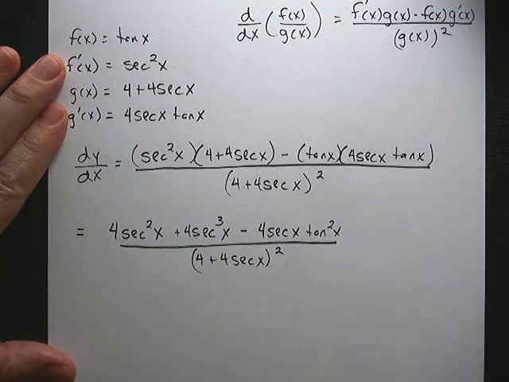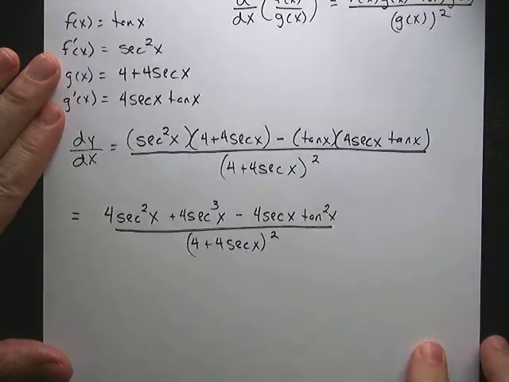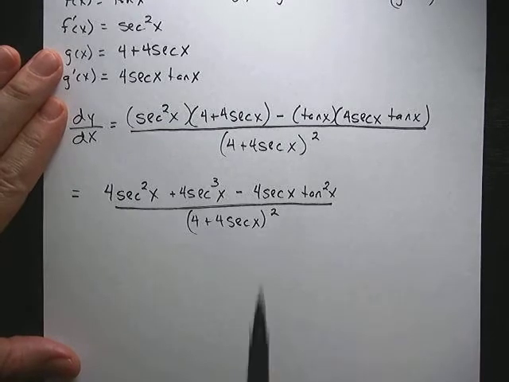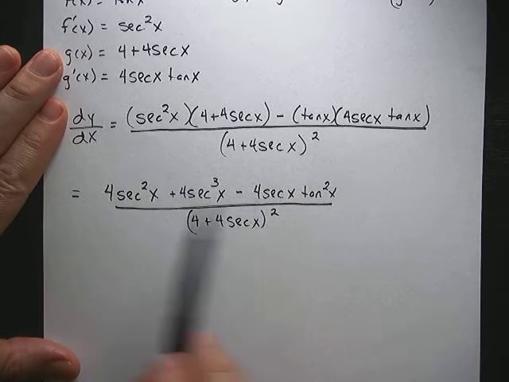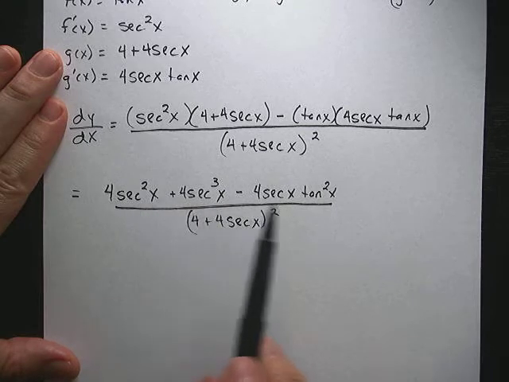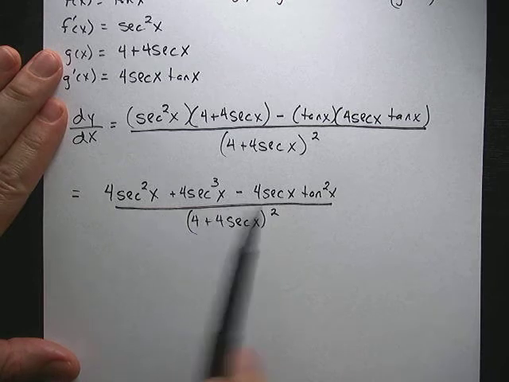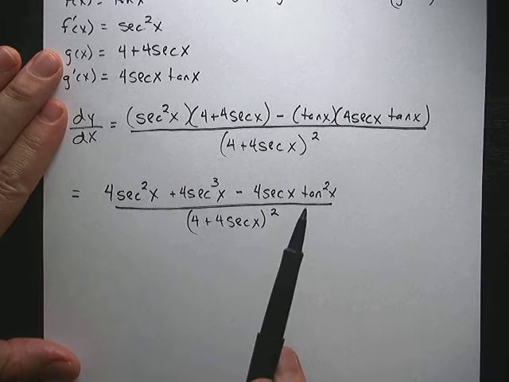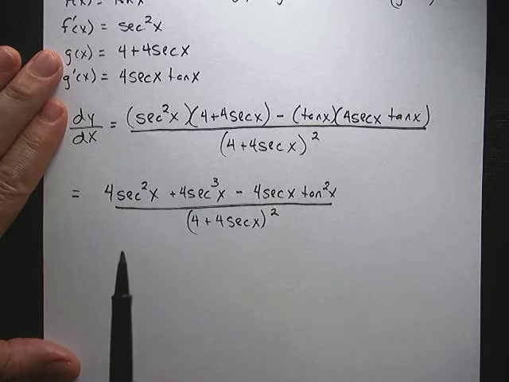Okay, it doesn't look like anything readily reduces yet, so we need to do a little more work. Let's look at the numerator. Is there anything I can factor out of all three of these terms? It looks like they all have a 4, and they all also have a secant. This one has a secant squared, this one has a secant cubed, and this one has just a secant, so the biggest thing we can factor out of all three is just secant.